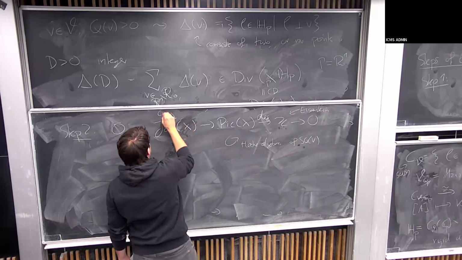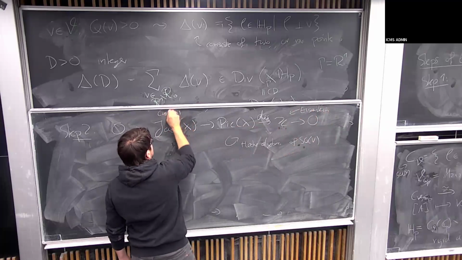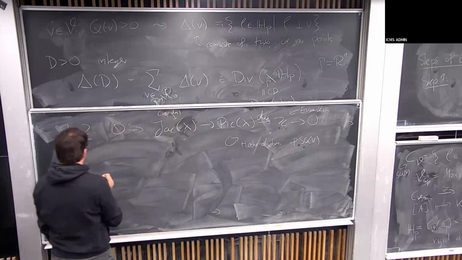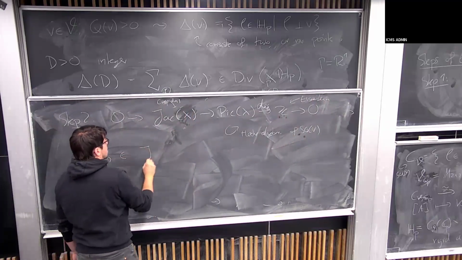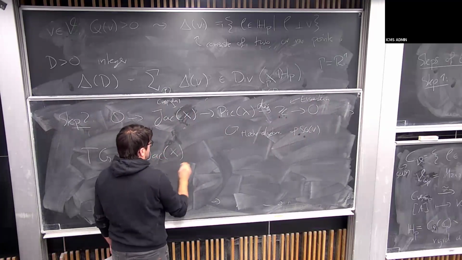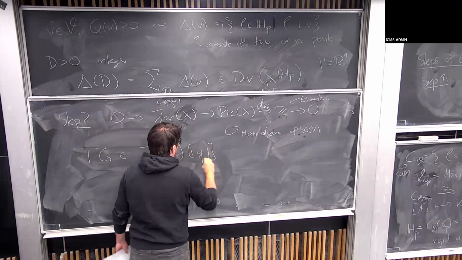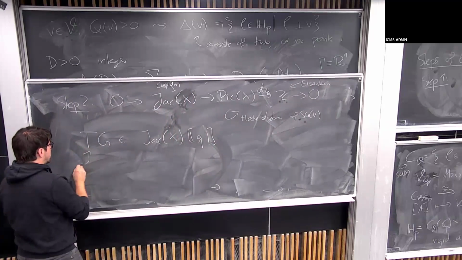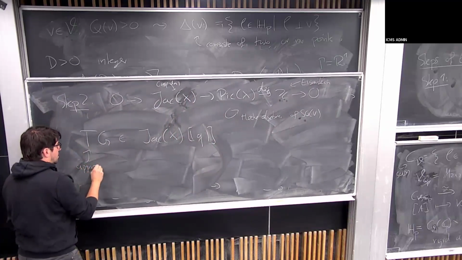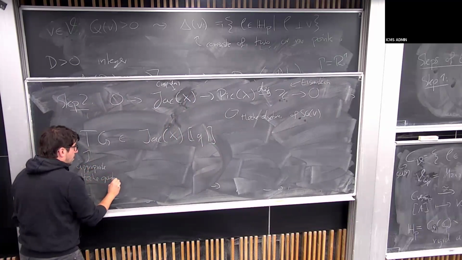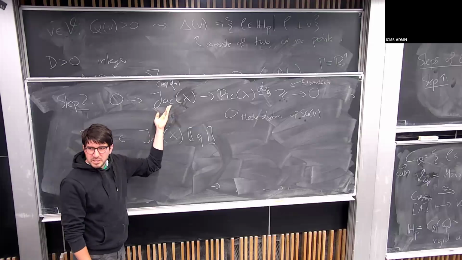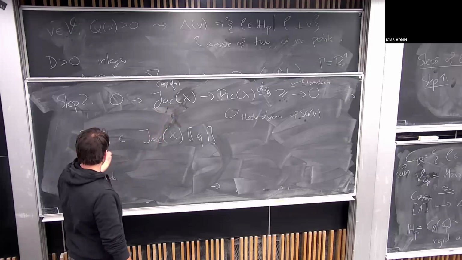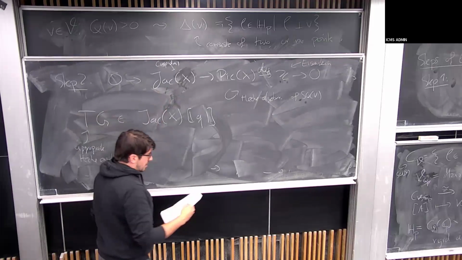This is cuspidal. So by hitting G with an appropriate Hecke operator, that kills the degree part, but acts injectively on the Jacobian. And it's now enough to consider this TG.